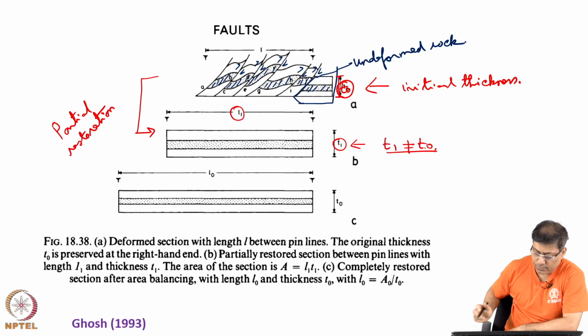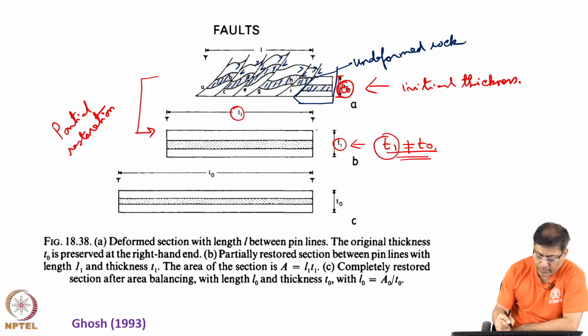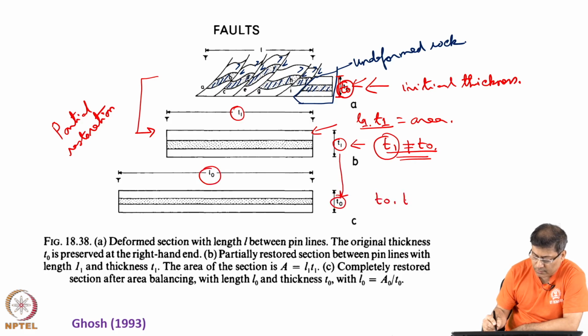In the process of restoration, since T1 has come different from T0, one can find out how much is the total area in this case. The area is L1 multiplied by T1. Now, to maintain T0 same as the initial condition, this T1 is altered to T0. So, T0, and then how much should be L0?